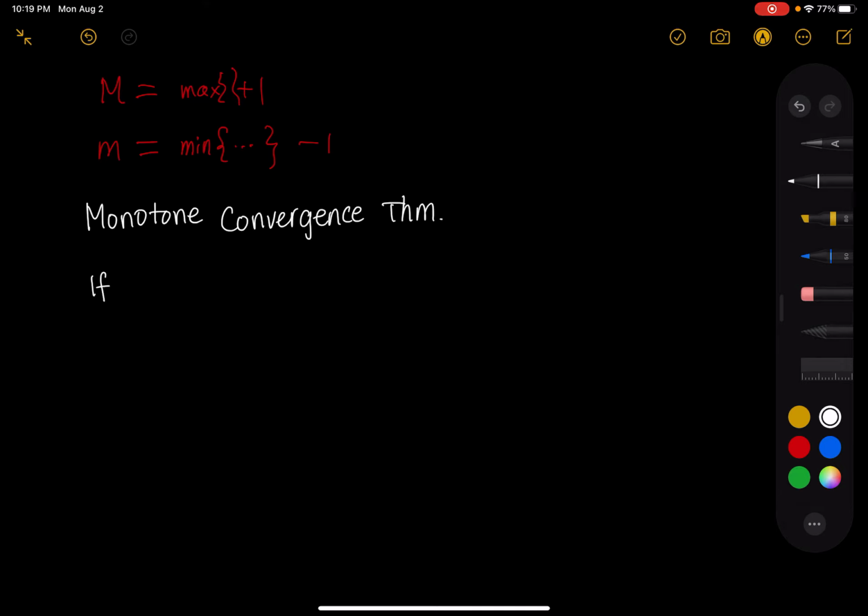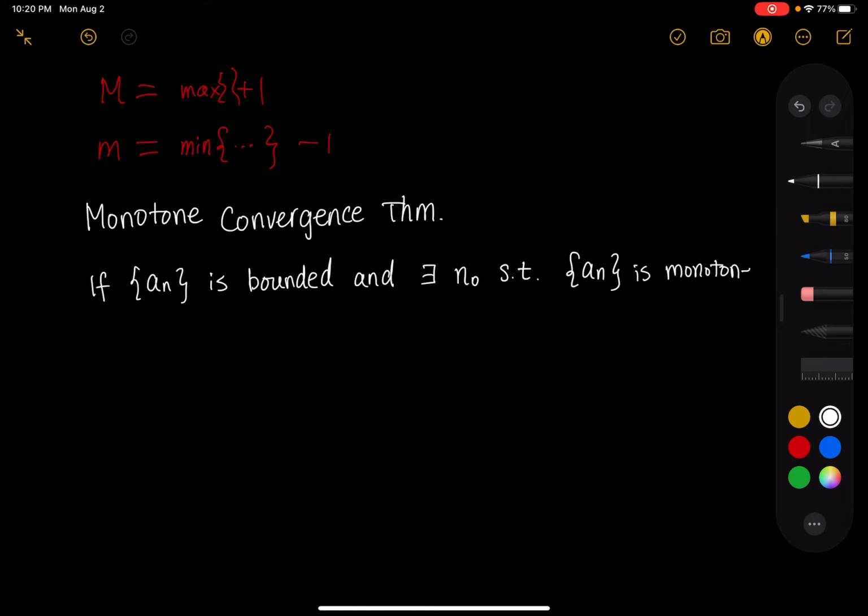If a_n, that sequence, is bounded, and there exists an index n0 such that this sequence is monotone for all n greater than or equal to that index n0, then the sequence a_n converges.